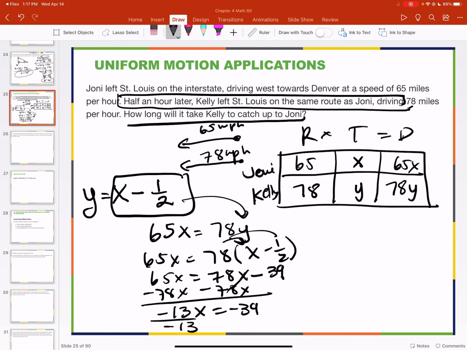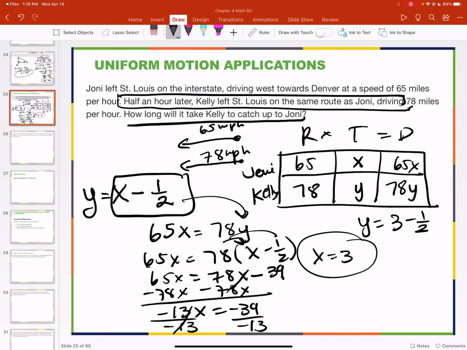Divide by negative 13, and we get that x is equal to positive 3. So if x is equal to 3, y is going to be 3 minus 1/2, so 2.5, or 5 halves, however you want to think about it. So it will take Kelly 5 halves of an hour, or 2.5 hours, to catch up to Joni.